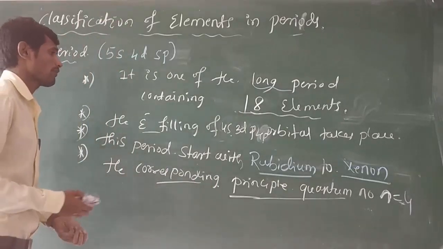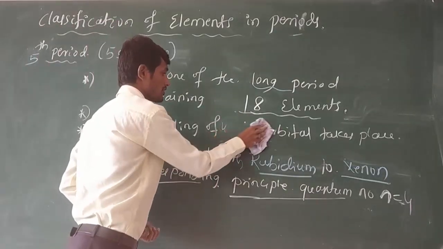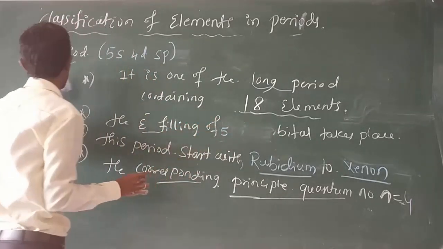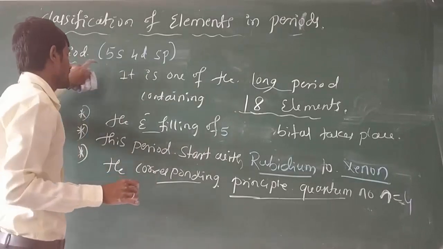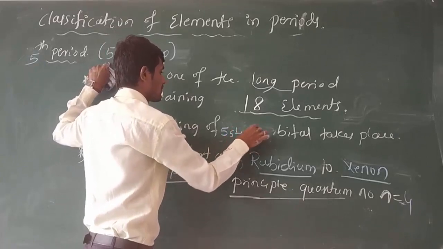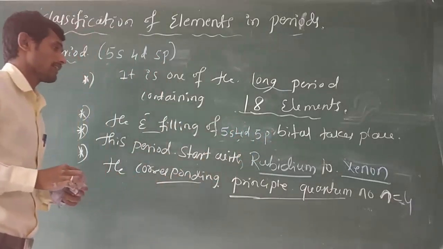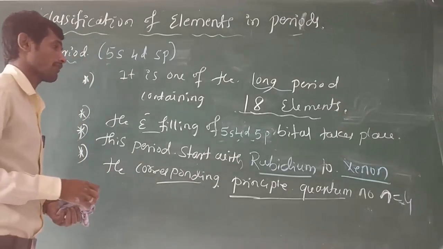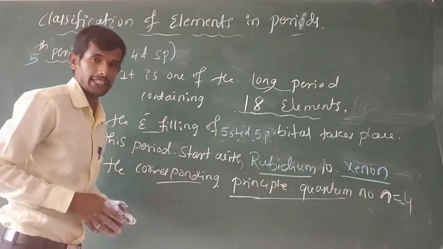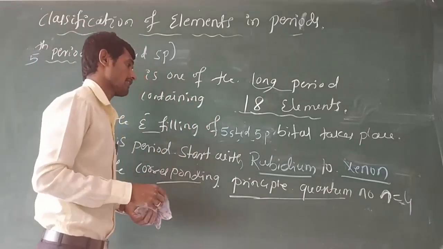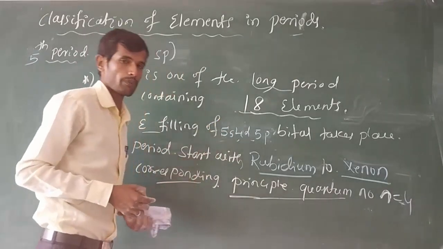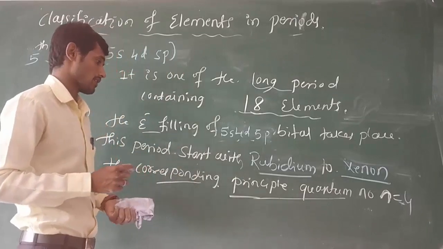Next, the electron filling. I changed the orbitals here because I mentioned already, in presence of fifth period elements, the electron filling of 5s orbital, 4d orbitals and 5p orbitals takes place. When you observe the electronic configuration of elements in fifth period, it ends with electrons in 5s, 4d or 5p orbitals.